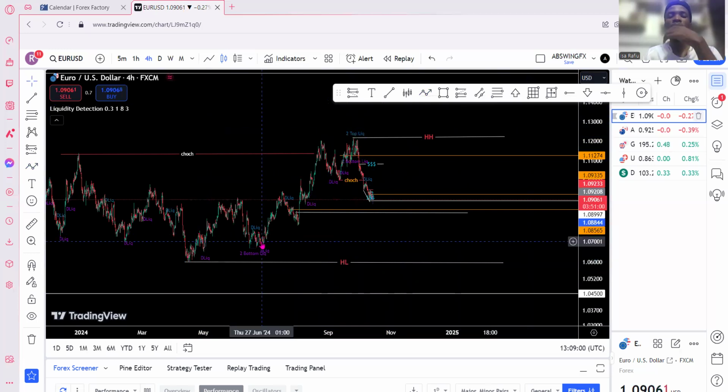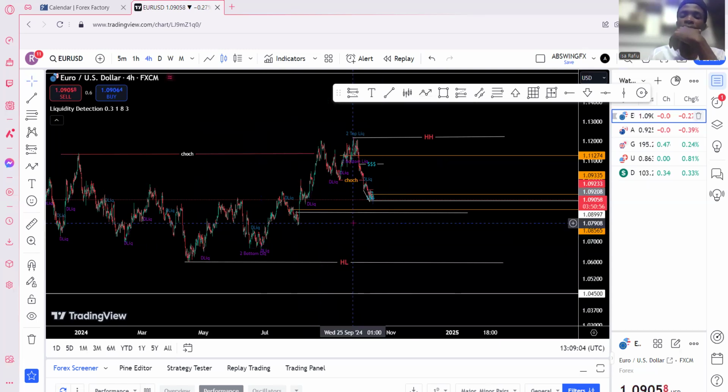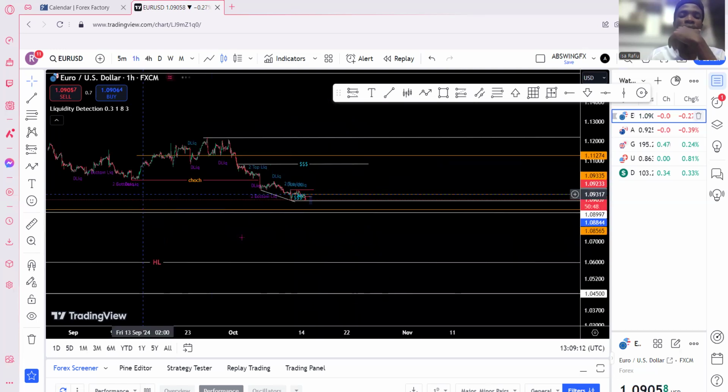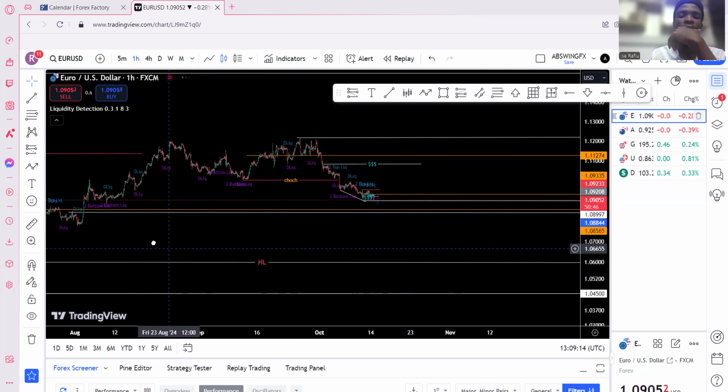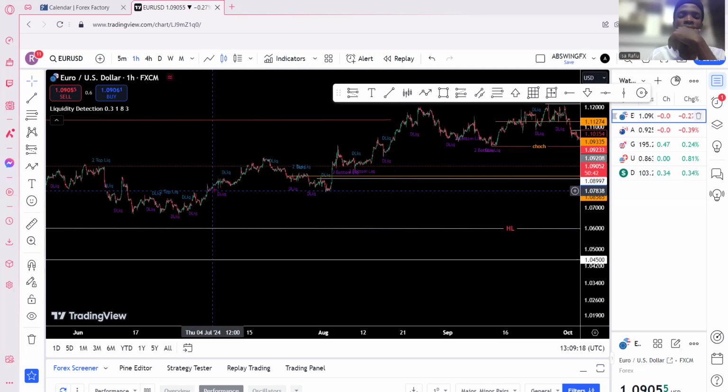So what will be my first TP if I'm to short the market right away from there? I will personally hold on to this 1 hour liquidity, and the liquidity I find on 1 hour. This has been cleared. This is the next one, and this two.